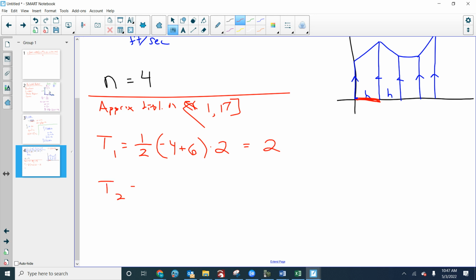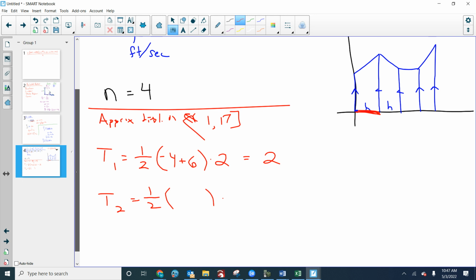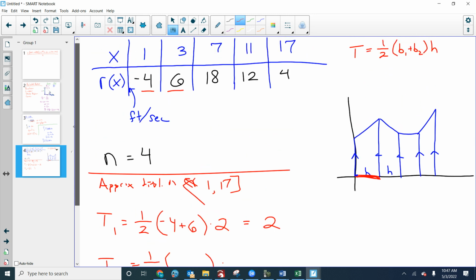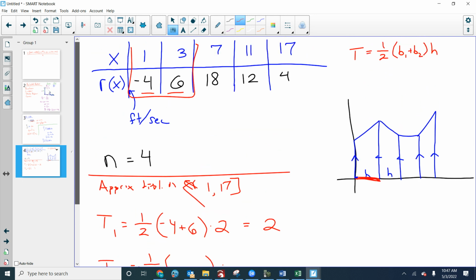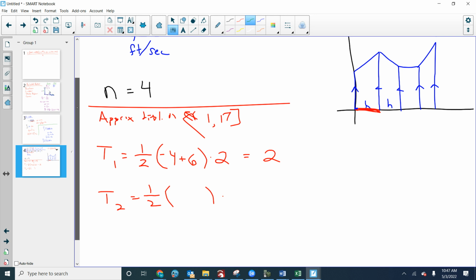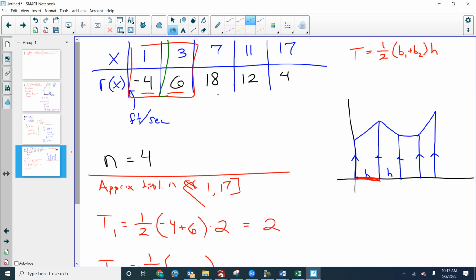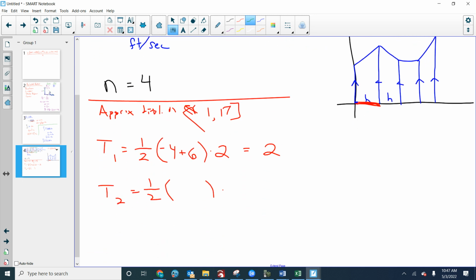Trapezoid 2, 1/2 times B1 plus B2. Well, for the second trapezoid, the first one went from 1 to 3. The second one is going from 3 to 7. What are the bases for the second trapezoid? 6 and 18.